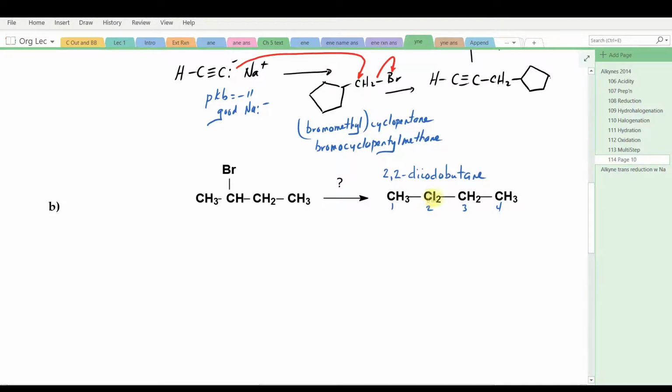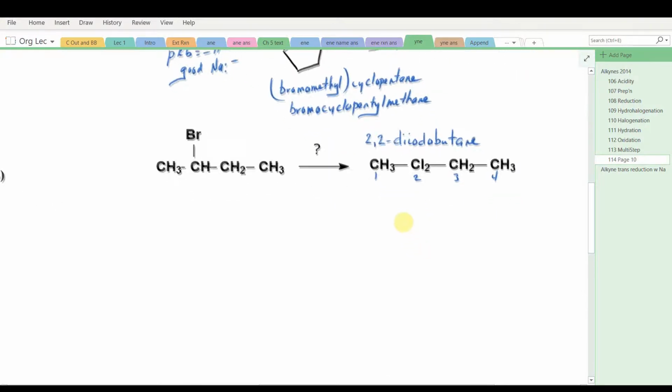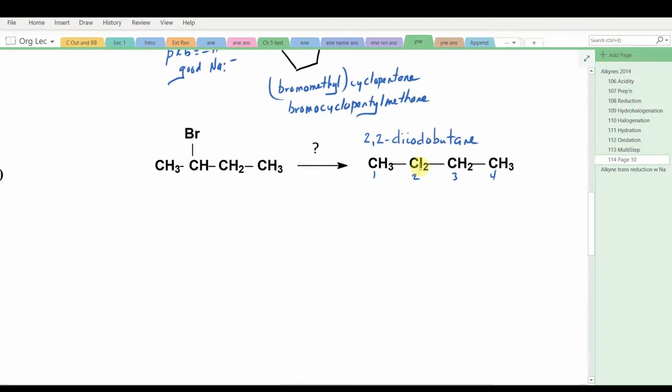This is not chlorine, this is carbon followed by 2 iodides. So we have here a gem dihalide. And do you recall that a gem dihalide was formed from an alkyne? That would be the immediate precursor if we added 2 equivalents of the hydrogen halide, hydrogen iodide in this case.